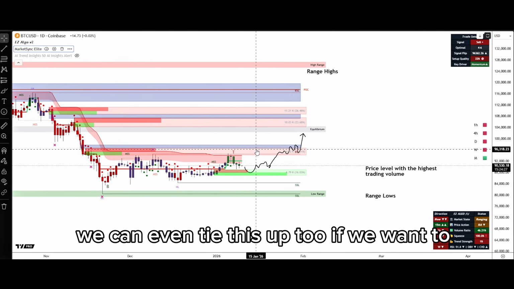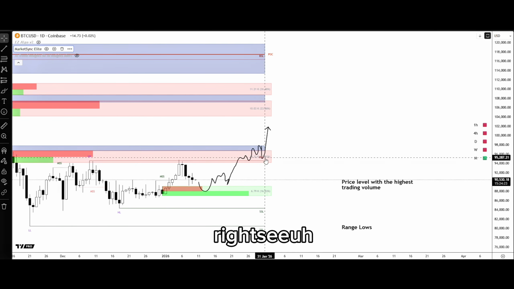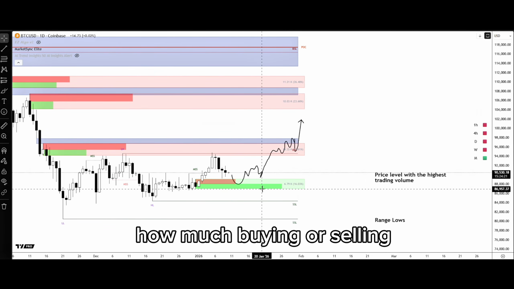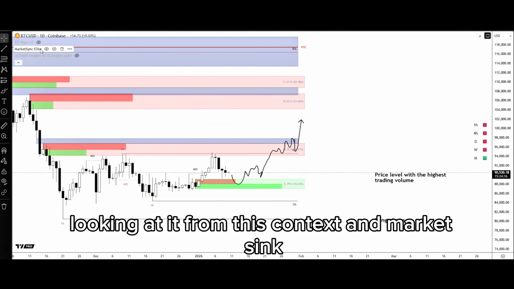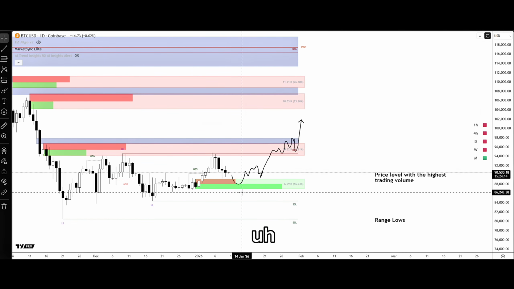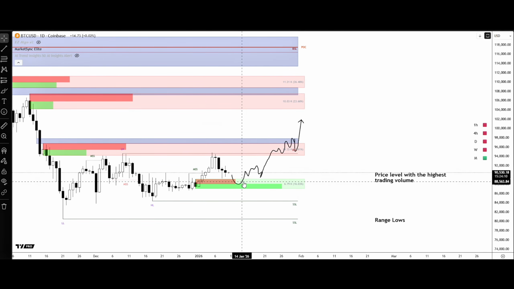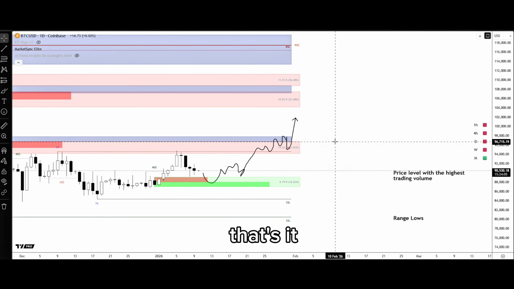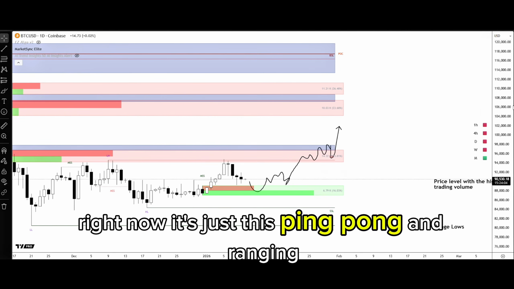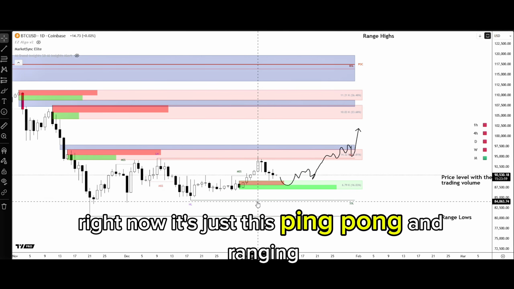And we can even tie this up too if we want to just look at it from an order block perspective, right? See how much buying or selling pressure is happening. So looking at it from this context and Market Sync, we're probably going to sweep this order block. We got some liquidity levels right here, and then we're going to probably tackle higher. So that's it. Right now it's just this ping pong and ranging.